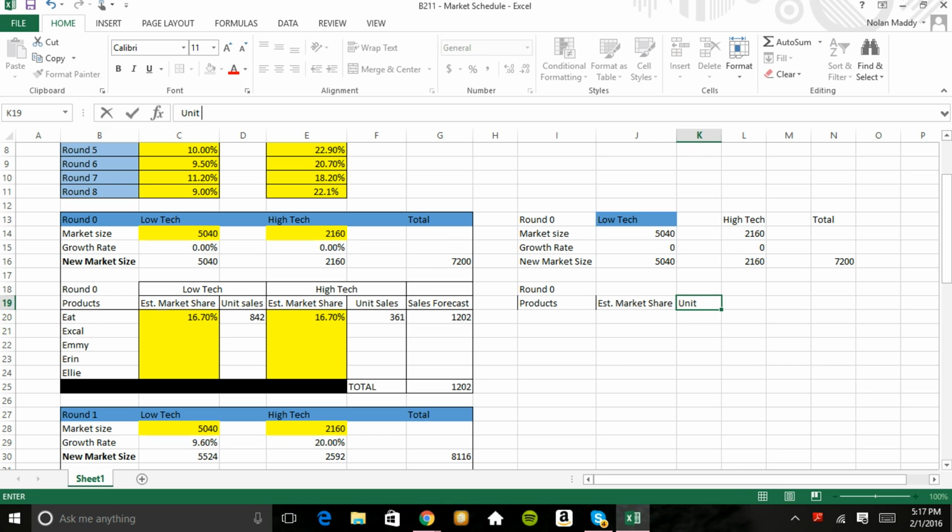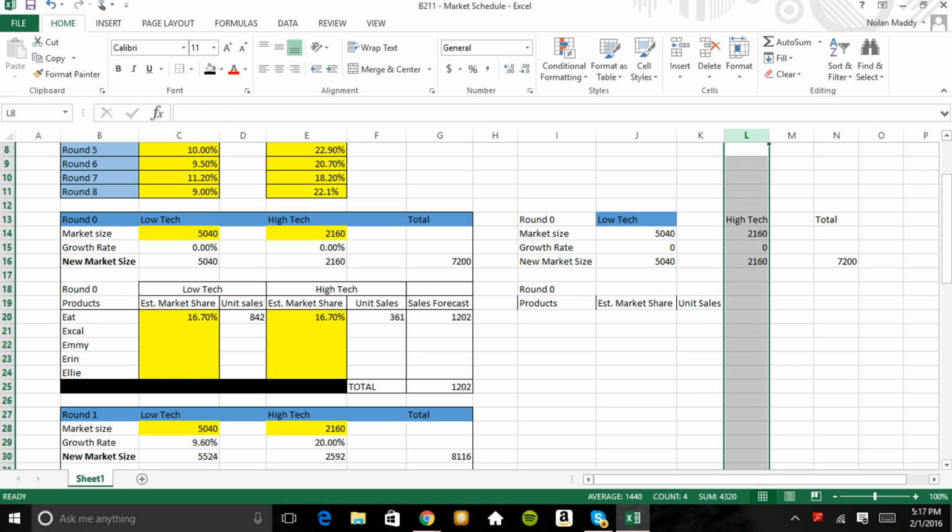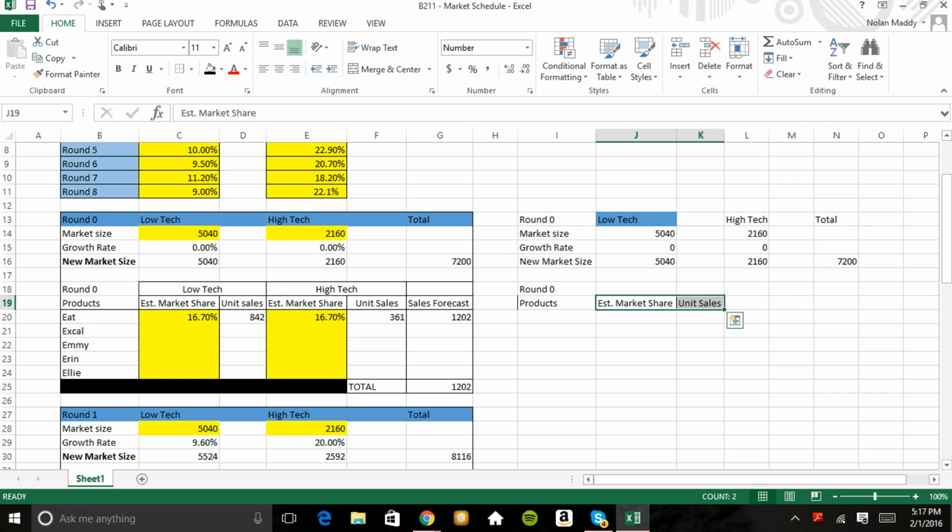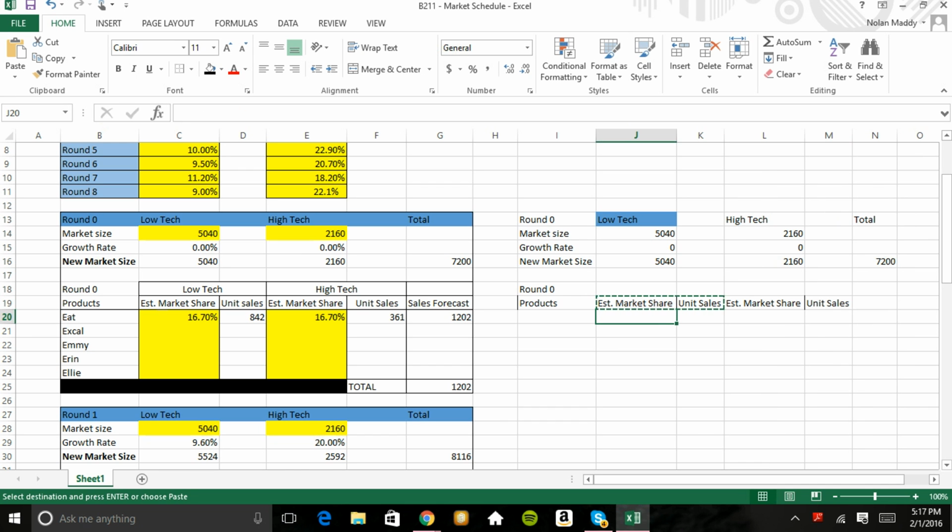And then that will tell us the number of units in sales. So we have that for the high tech and the low tech, and then we're going to have our sales forecast. Sales forecast meaning how much we are planning on selling. If I can spell. Okay.